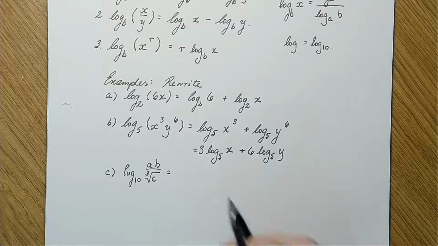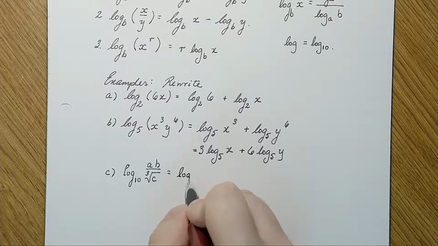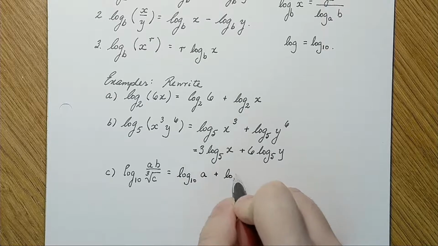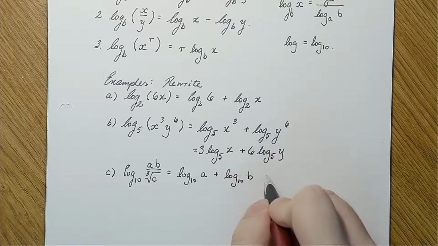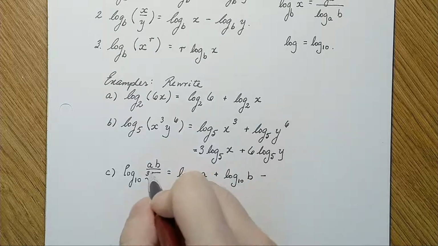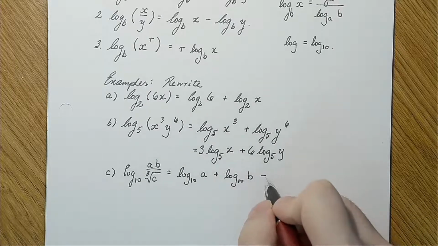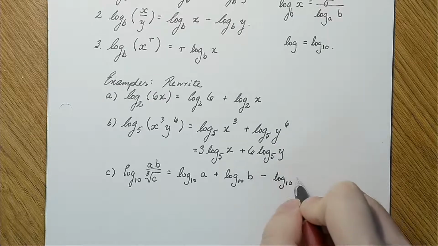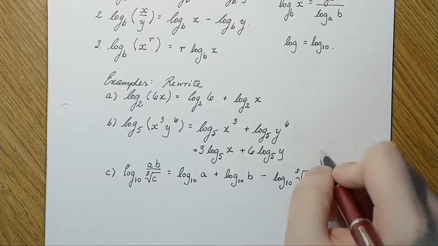And same thing what I can do here, I can do log base 10 of a plus the log base 10 of b minus, because I'm doing the difference part now, so I'm doing the division. So it's minus log to the base 10 of the cube root of c.